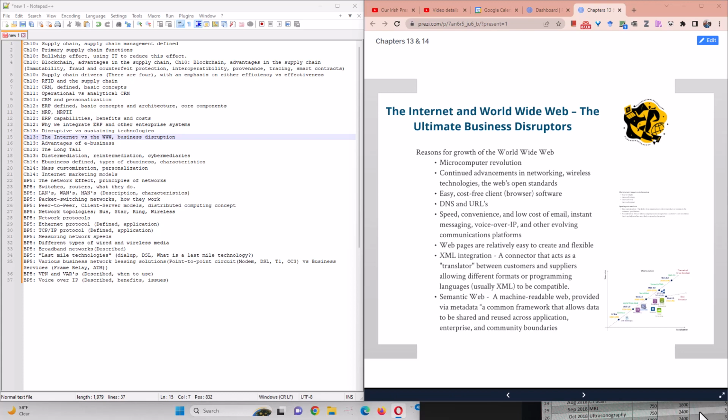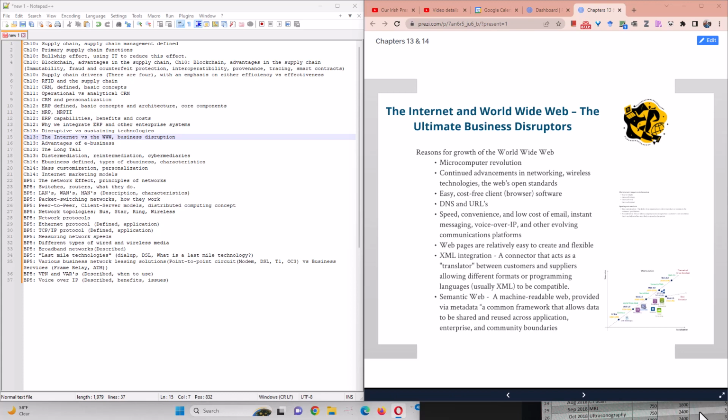You had the browser, which allowed easy access to web services. You had technologies like domain name services, the technology that allows you to enter a name and resolve that name to a numerical address so that you can locate that resource on a network.